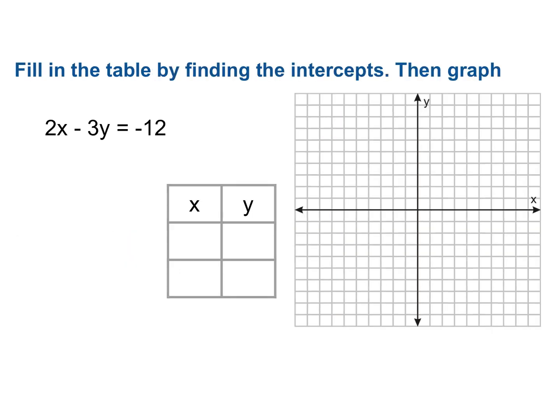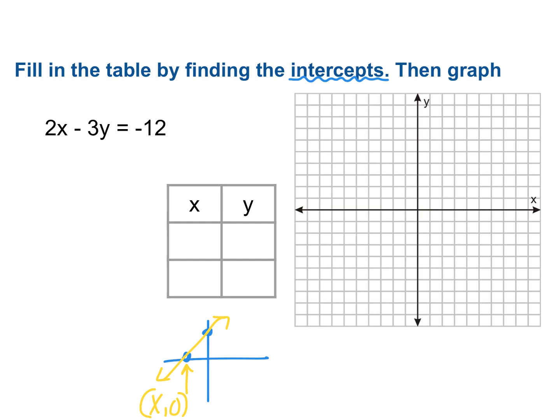Another thing you'll be asked to do is to find the intercepts. Well, if it's given in slope-intercept form, the y-intercept is easy to see. But I want to tell you, in general, intercepts, of course, are where lines cross the x and the y-axis. So, if we're finding an x-intercept, what I know is there'll be some x value, but the y will be 0.